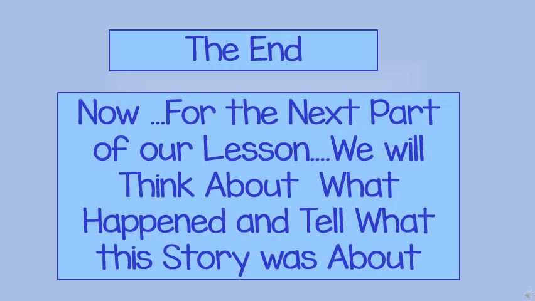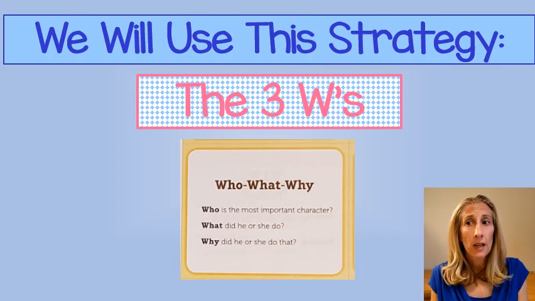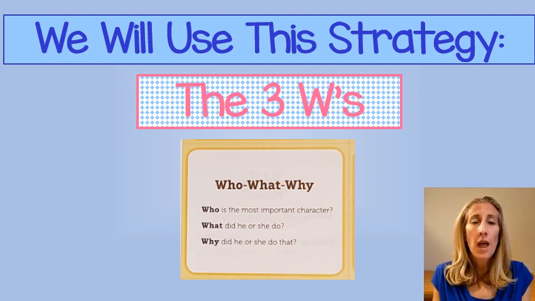So now, for the next part of our lesson, we will think about what happened and tell what this story was about. Good readers can talk about the story afterwards, not just read the words. We need to think about what happened. I'm going to show you a strategy that is going to help us. We will use this strategy. It's called the 3 W's: who, what, and why.